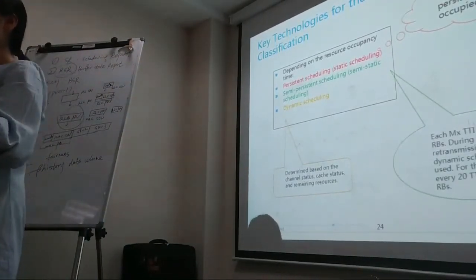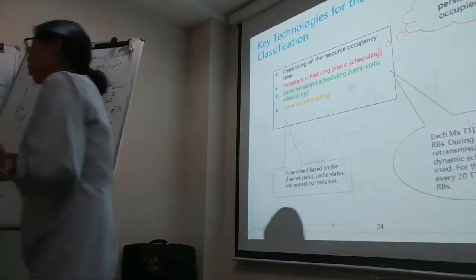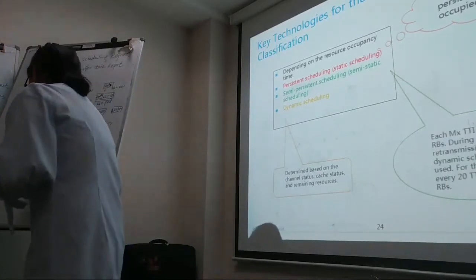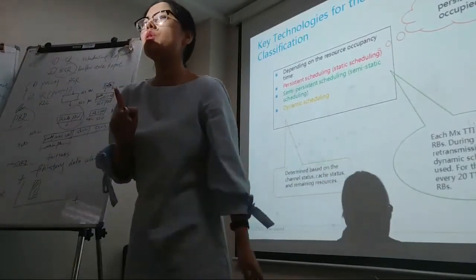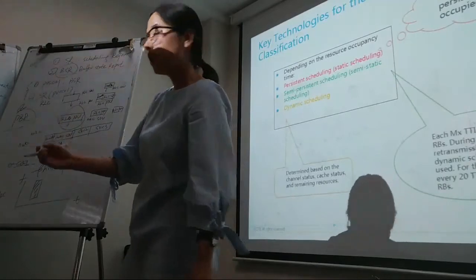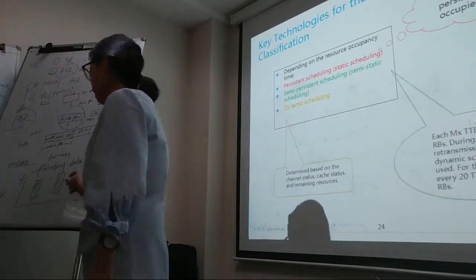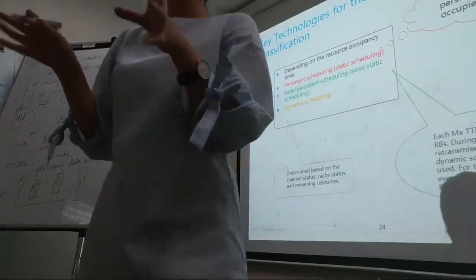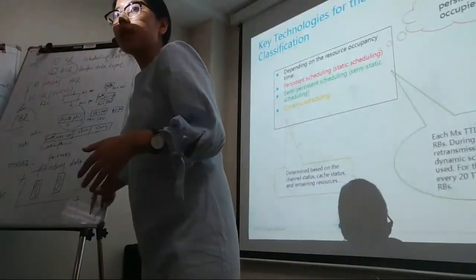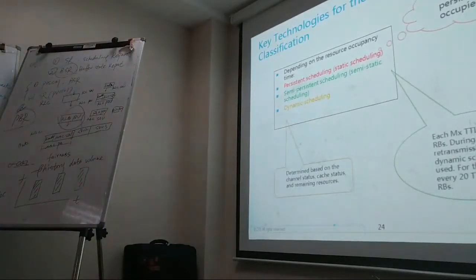For semi-persistent, the first packet uses this frequency at this time, and for the next 20 milliseconds you can use the same frequency, and the next, you use the same, until the call ends. If you hang up the call, we release it. But during the call, I will use semi-persistent to schedule you.